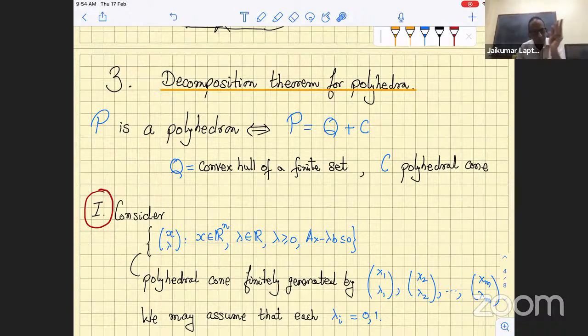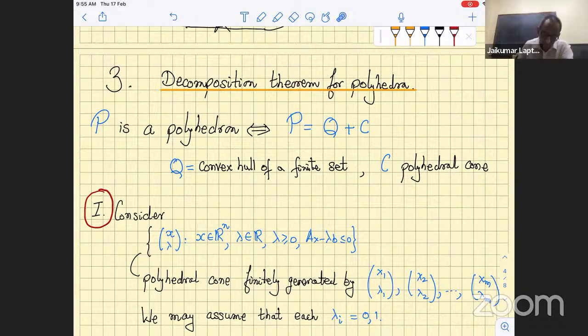And that cone, when moved over this convex set of points, generates the polyhedron. Sorry, I use words wrongly. I hope it's clear what I'm trying to say. Okay, is that clear?